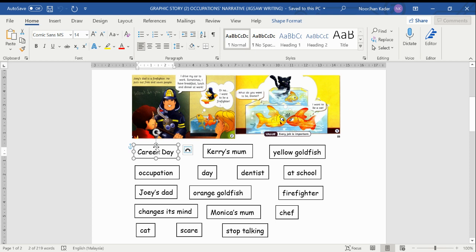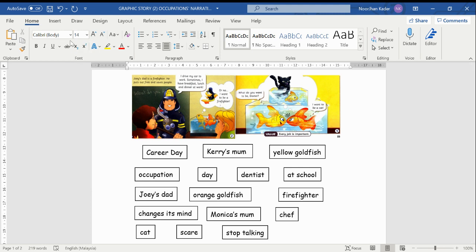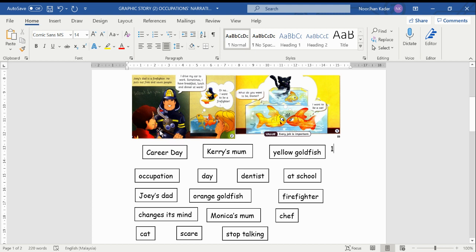I think we have to move this because there's no space. So we just write here number 1. Okay, never mind. We will just write here number 1.